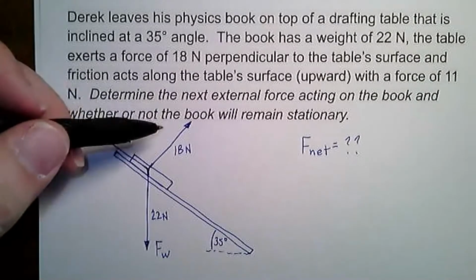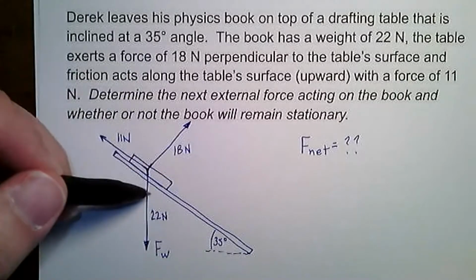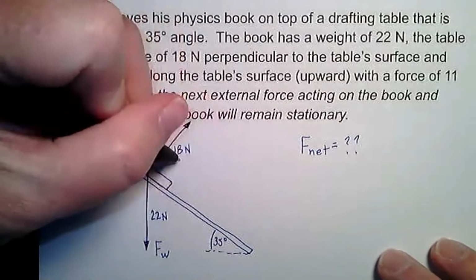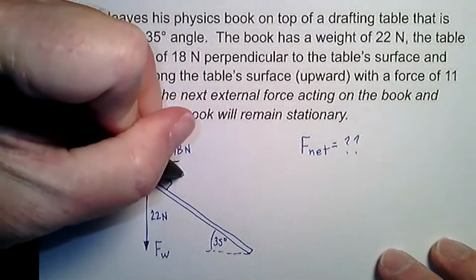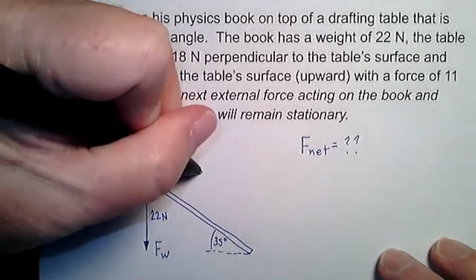So the very first thing that I want to do, stepwise, is get a force diagram in here. And we have these three forces that are here. I'm going to go ahead and label these. This is called F_N, we call this the normal force.